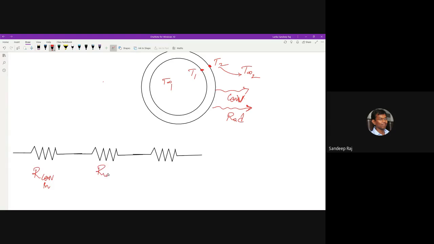This is R conduction through the cylinder or sphere. Both ways it remains the same. But on the other side, if you have convection happening and you have radiation happening, you cannot have only one resistance here. You will have two resistances, and those resistances will be in parallel.